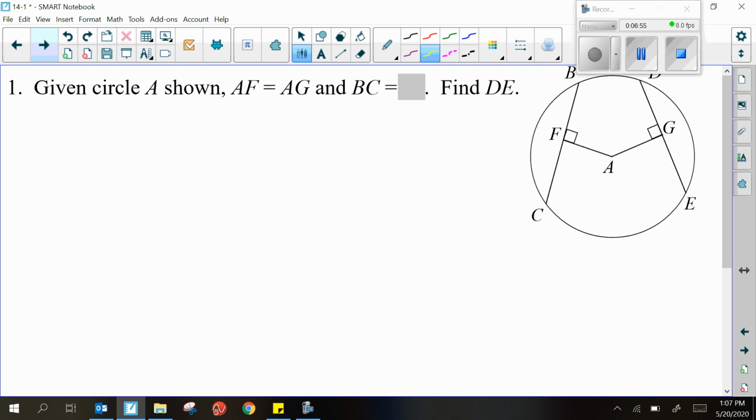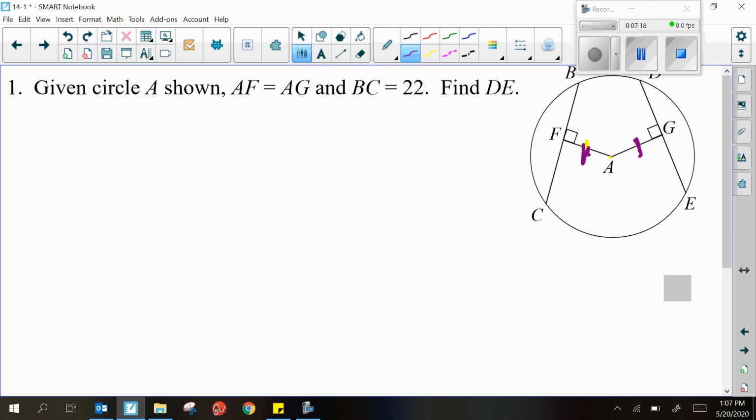All right, so let's go ahead and jump into some problems. So we have given circle A, AF equals AG. So if they're equal, that means they're congruent. So we have AF is congruent to AG.